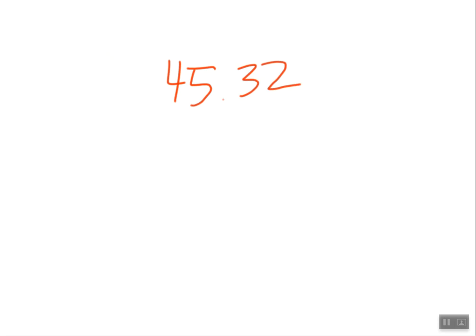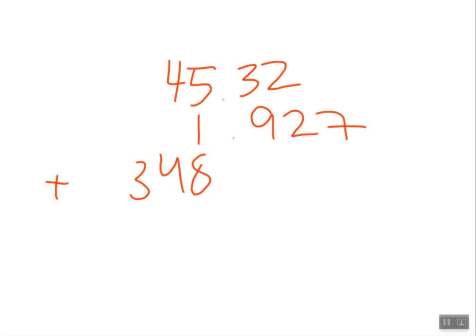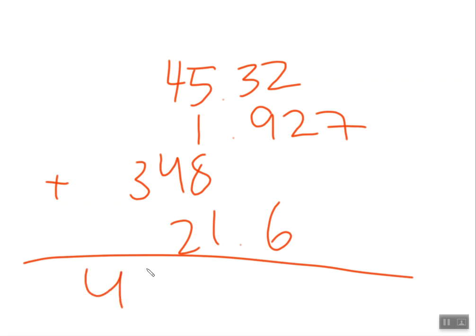So let's say you have 45.32 plus 1.927, you always want to line up the decimals, plus 348 with no decimal plus 21.6. So if we add that up, we get 416.847. Now we have to round.